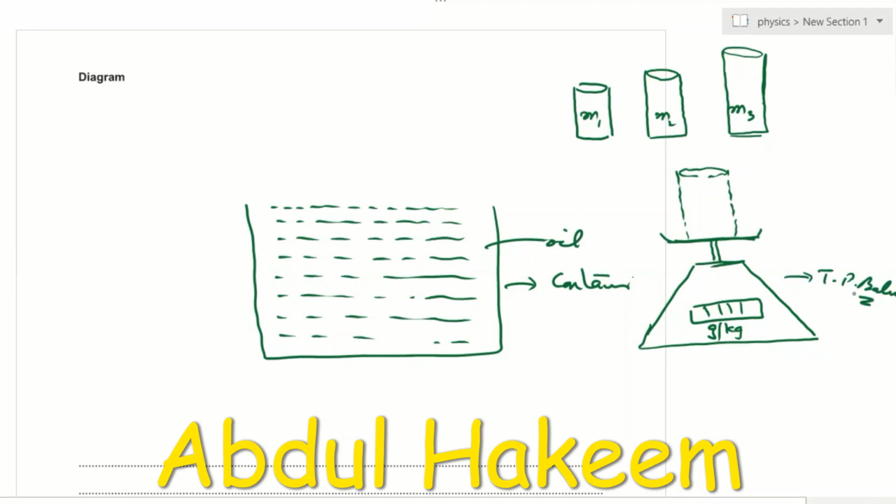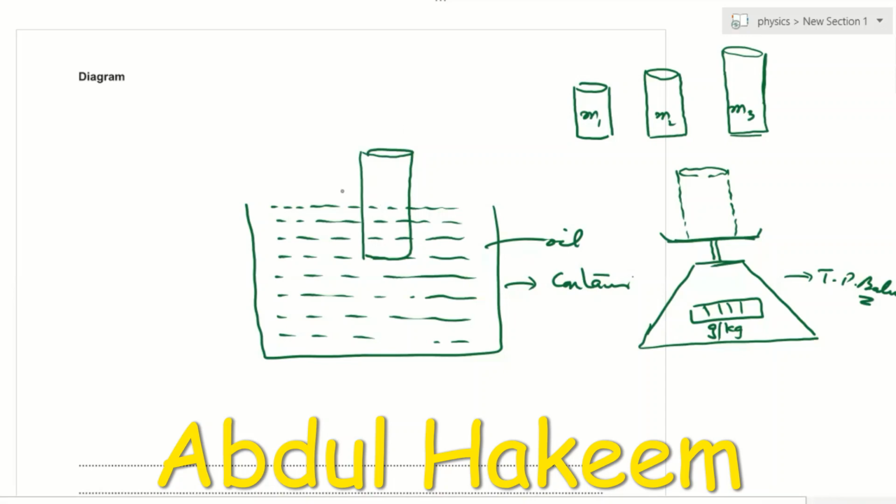Next, we have to record the period. For the time period, we will count the number of oscillations and determine the time for that number of oscillations. Suppose this is the position of one of the selected cylinders of mass m, and this is the equilibrium position.